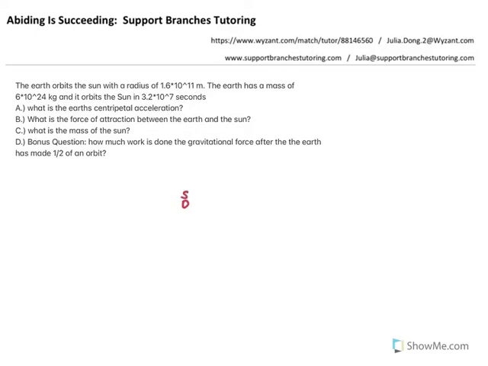So we have the sun and we have the Earth, and the Earth is orbiting here. It says how much work is done by the gravitational force. So remember, our gravitational force would be pointed like this, and at any time point, it's going to be pointed towards the center.